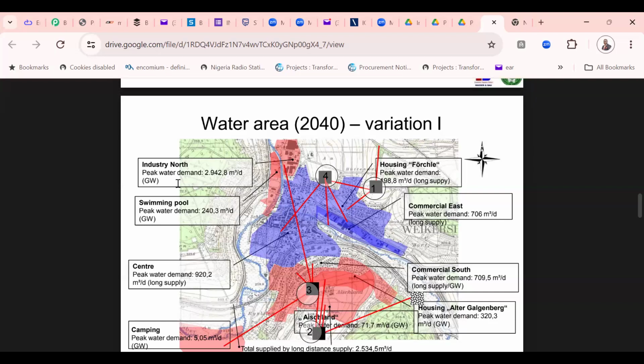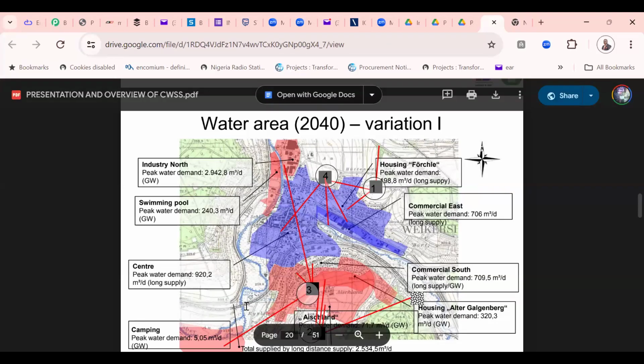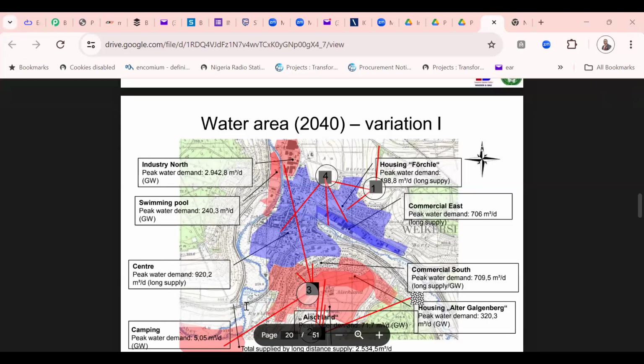In doing pipe design, we have 3 to 4 layers of pipe. Listen to this. We have 3 to 4 layers of pipe.